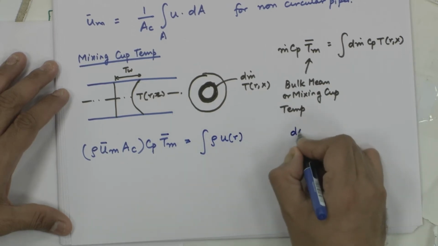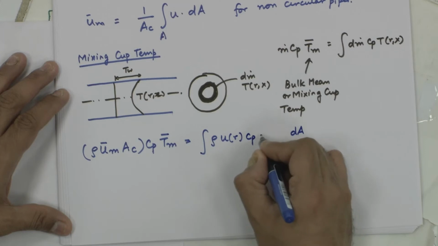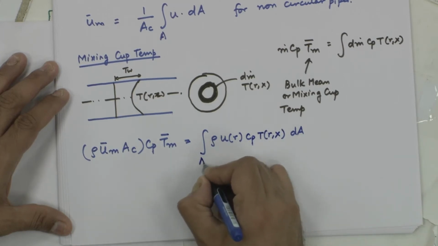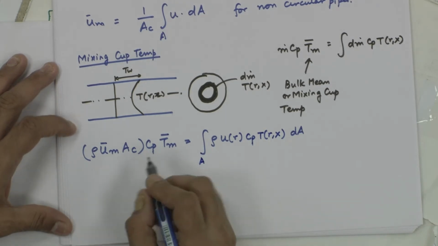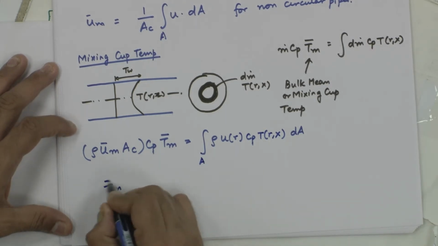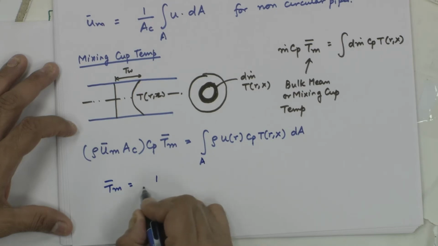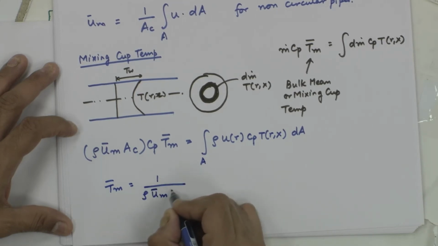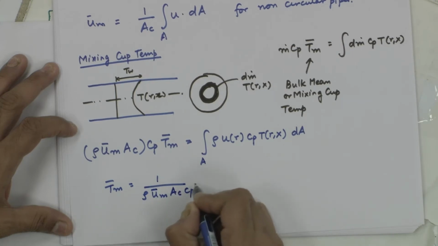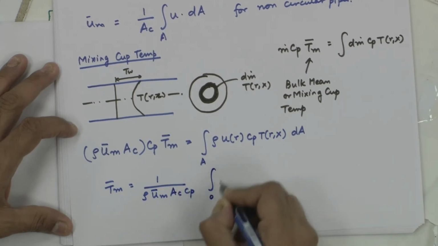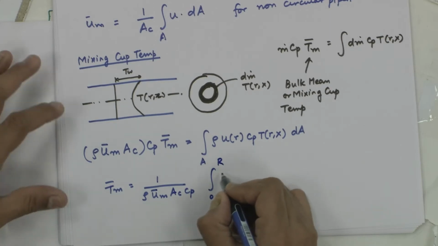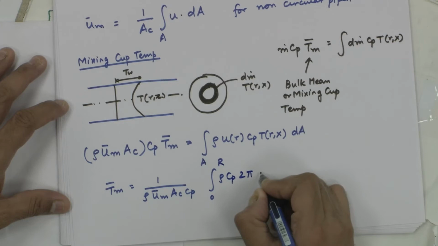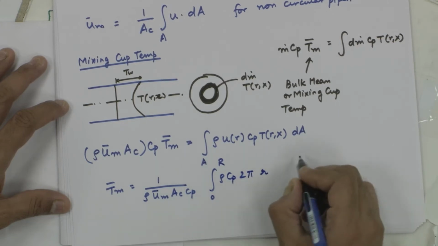So, I will put it here: rho u of r dA, Cp T of r comma x integrated over the area. So, T bulk mean is nothing but 1 over rho u bar m AC Cp, integral 0 to capital R, rho Cp 2 pi r dr, which is the area.